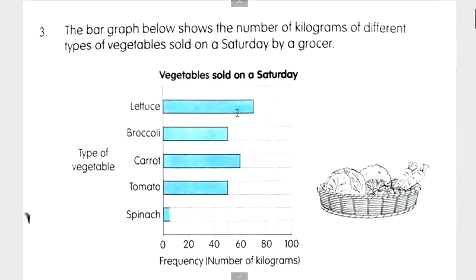Okay, this is another type of bar graph. Not only the vertical one, but it can also be drawn in a horizontal way. So number 3, the bar graph below shows the number of kilograms of different types of vegetables sold on Saturday by a grocer.